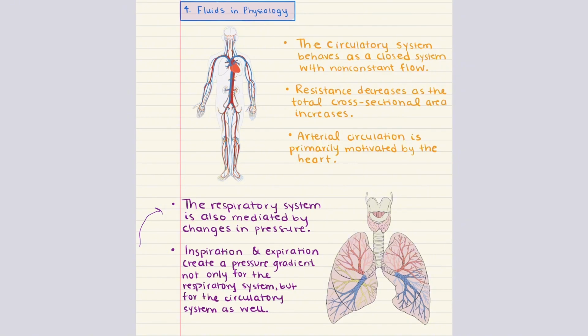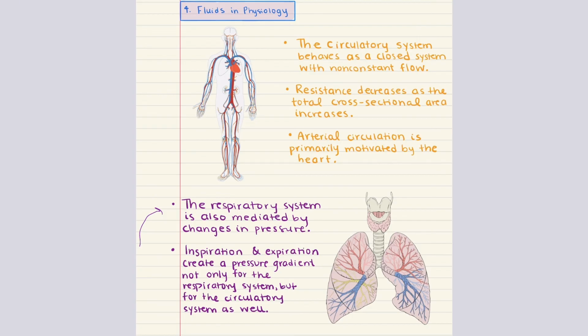Now, when you inhale and exhale, these processes are driven by changes in pressure within the thoracic cavity. During inhalation, the diaphragm and the intercostal muscles contract, expanding the thoracic cavity and reducing the pressure inside the lungs relative to atmospheric pressure.